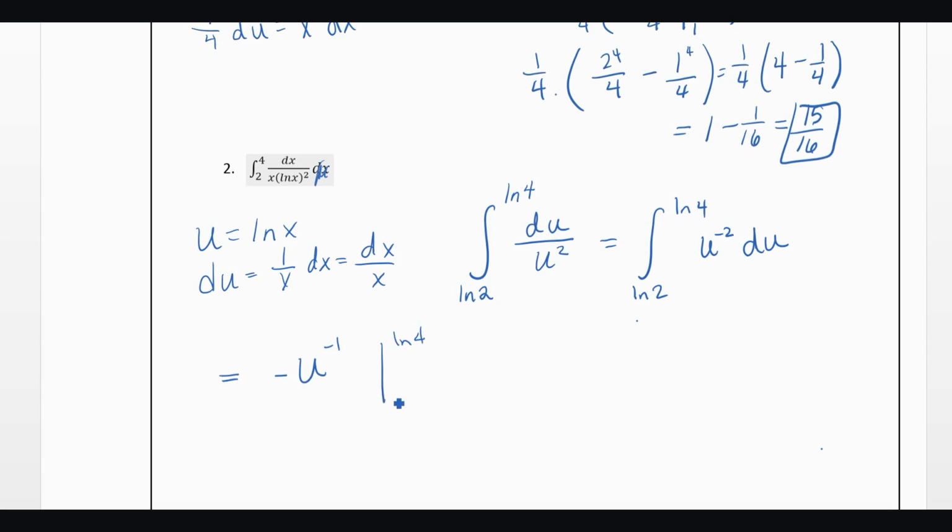We evaluate that at natural log of 4 and natural log of 2. So I'll have negative 1 over natural log of 4 minus negative 1 over natural log of 2. You could get a decimal approximation, but that would be our integral.